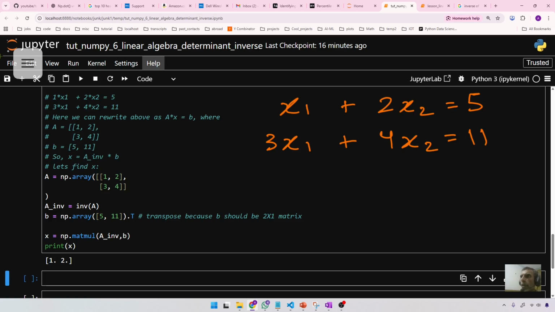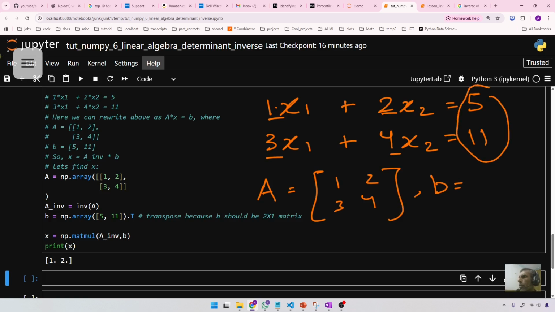Now, the way you find your A, you look at the coefficient of every single element. So in this case, the coefficient of x1 is 1, right? 1 times x1. So it's going to be 1, and this is 2, then you have 3, and then you have 4. So this is my A. And my B is going to be these elements right here, 5 and 11.